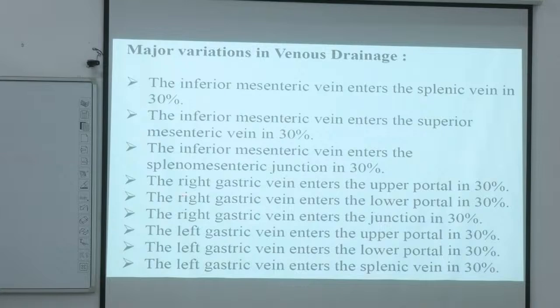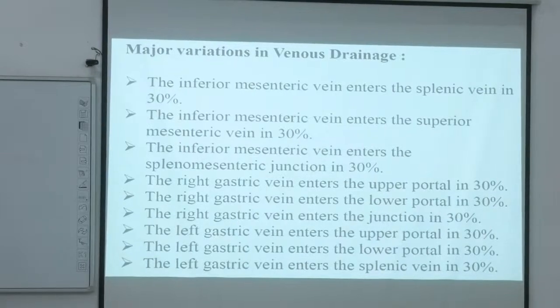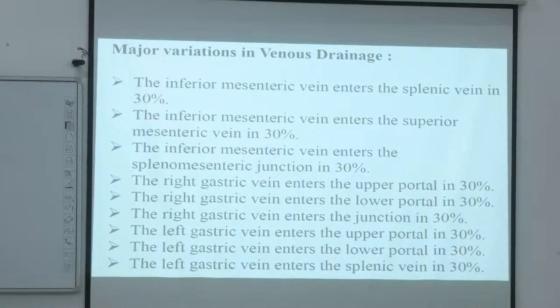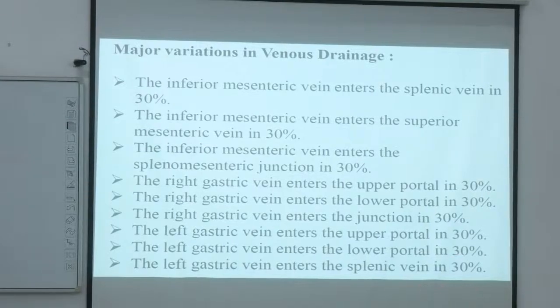Okay, and the right gastric vein enters the upper portal vein in 30%, lower portal in 30%, and enters the junction in 30%. Left gastric vein enters the upper portal in 30%, lower portal 30%, and enters the splenic vein in 30% of cases. Okay, so these are the major variations in venous drainage of the stomach.